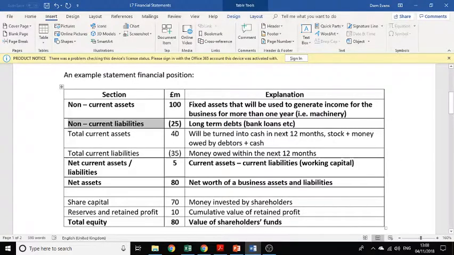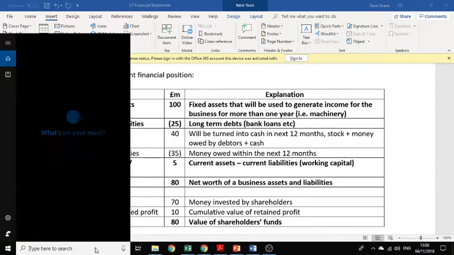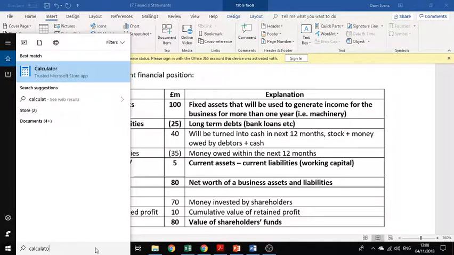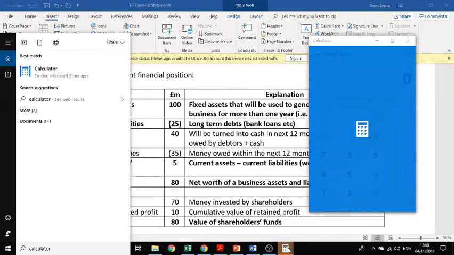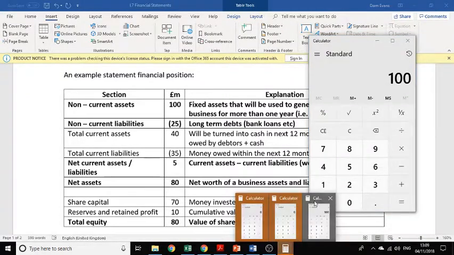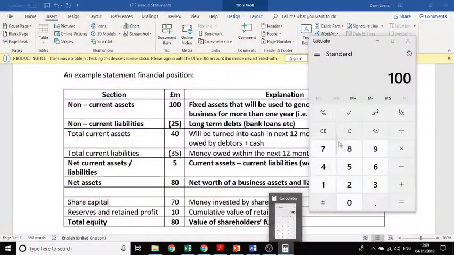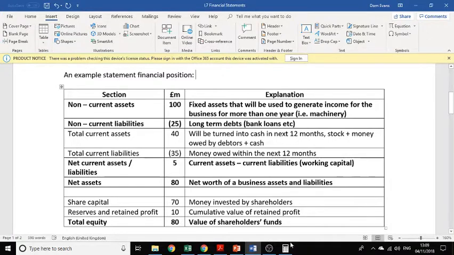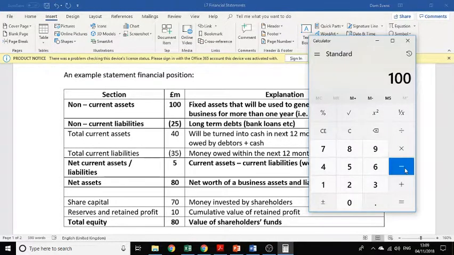So in this example, and I'll get the calculator up to show you, if the business were to sell off all of their fixed assets, the business would get 100 million. They then have debts to pay of 25 million. So that takes down the current value of the business to 75 million.